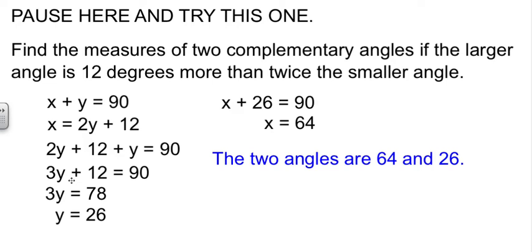Collect terms, subtract and divide, and we get what y is. That's the smaller angle. Now we could plug the y into here, or we can plug it into this. I plugged it into the top and subtracted. Found out that my two angles are 64 and 26.